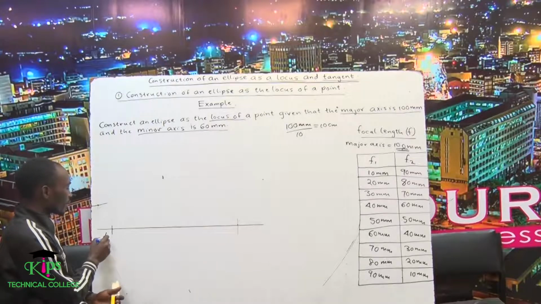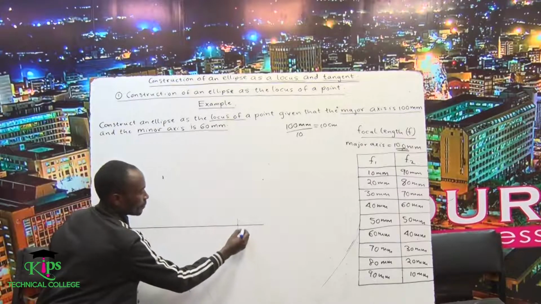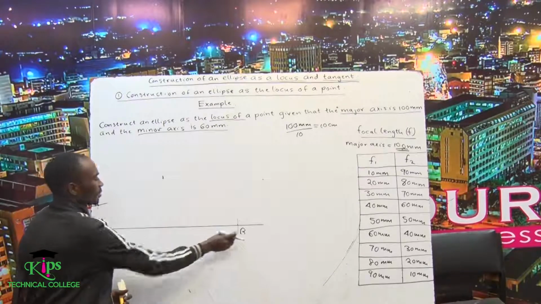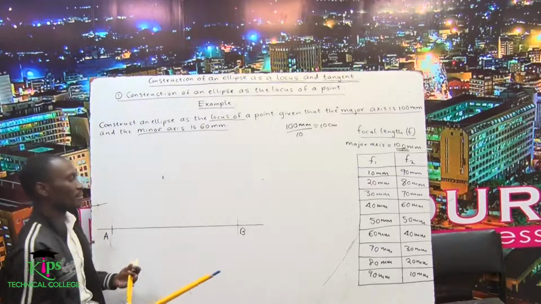Let me label this one as A. We have B. So this line from A to B, it is 100 millimeters.